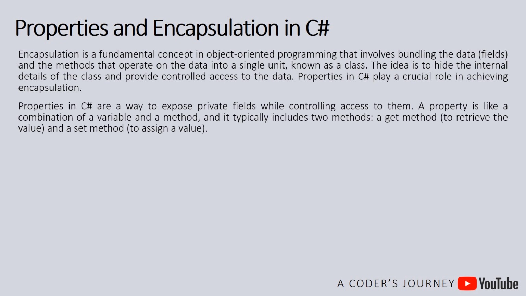Properties in C# are a way to expose private fields. So basically, we will declare our fields as private, while controlling access to them. And then we're going to give controlled access to the consumers of our class using properties. A property is like a combination of a variable and a method, and it is typically implemented using two methods: a get method, sometimes called a getter, and a set method, sometimes called a setter.